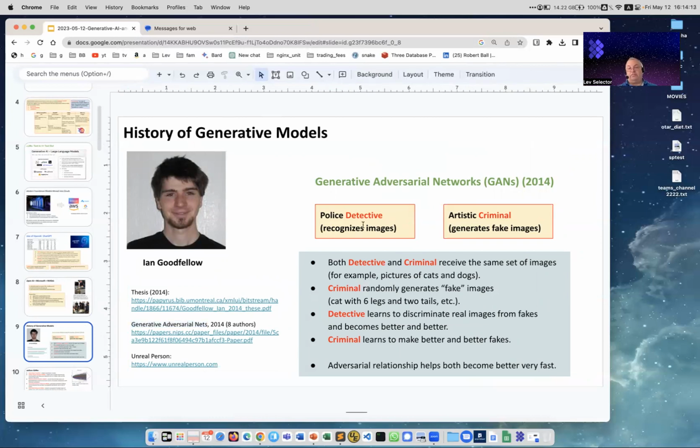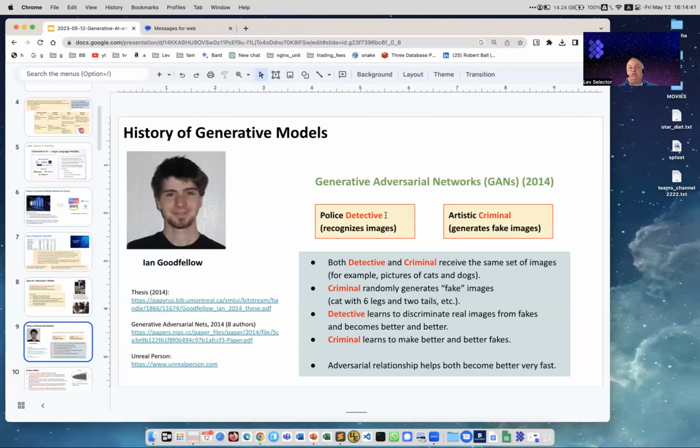A generative model consists of two networks. And I want to give an explanation, like for children, of how it works. One is like a police detective, to recognize images and classify them, and the other is an artistic criminal, which is creative, and it generates fake images and gives them to the police detective, who is trying to learn and become better at recognizing.